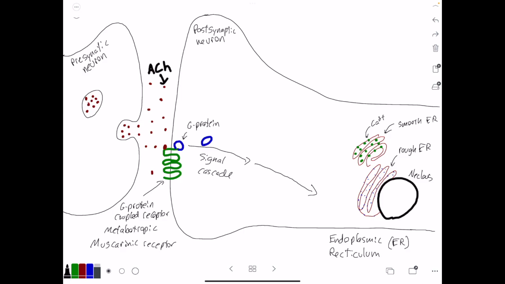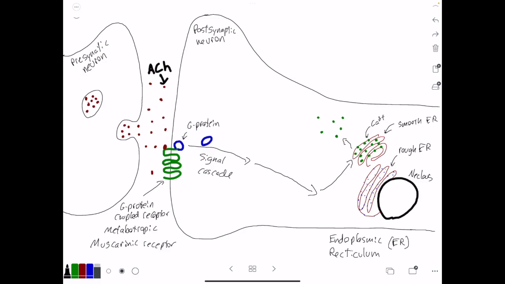And so our signaling cascade makes its way to the smooth ER, and what it does is it signals the release of our calcium ions. Now, our calcium ions, in addition to being a charged particle that can be used to influence the membrane potential of a neuron, also act as a secondary signal messenger.